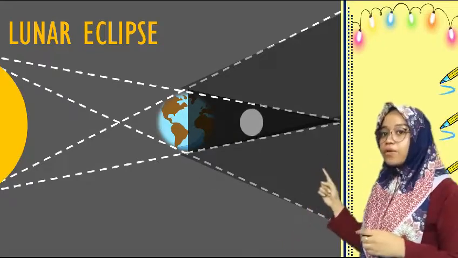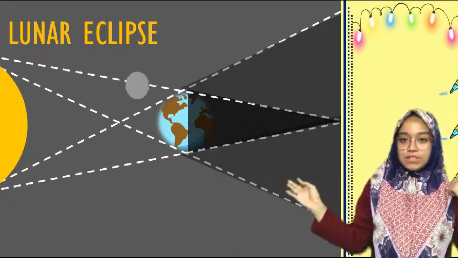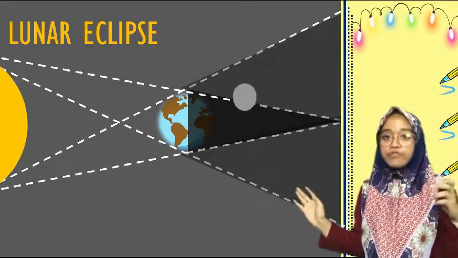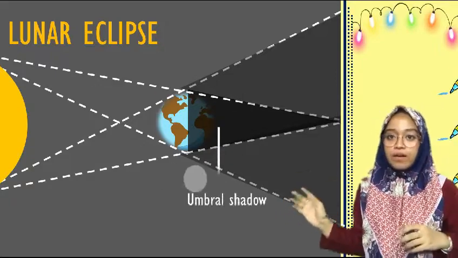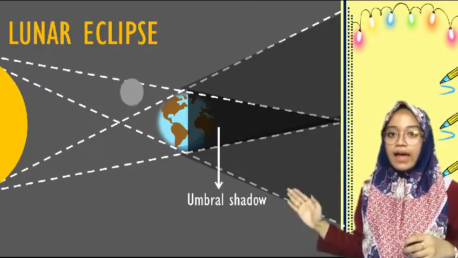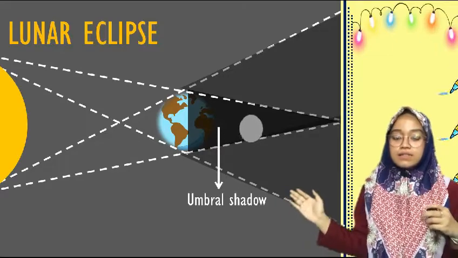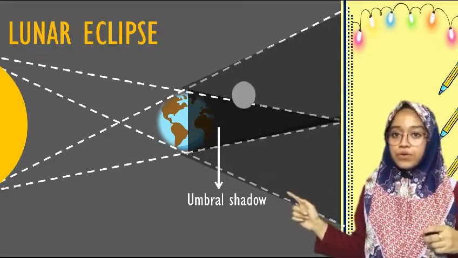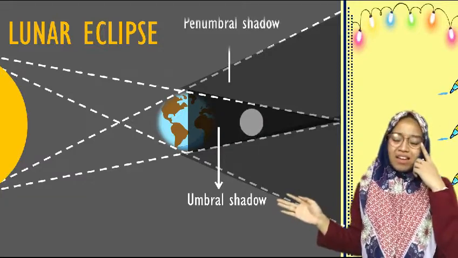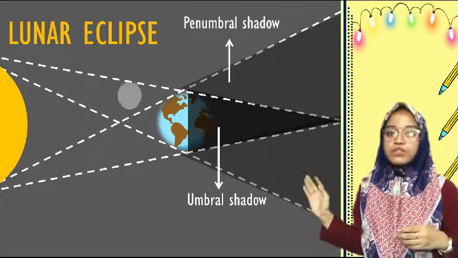Now you can look at this picture. A lunar eclipse also has two types of shadow. First is the umbral shadow, the darker and smaller shadow, and the second is the penumbral shadow, the larger area of the shadow.